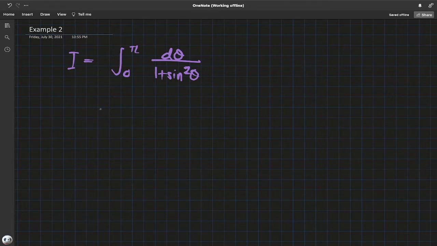Well, notice that sine theta is equal to sine of theta plus pi. This is a well-known property of the sine. You may want to revise your pre-calc or your advanced trigonometry for this.